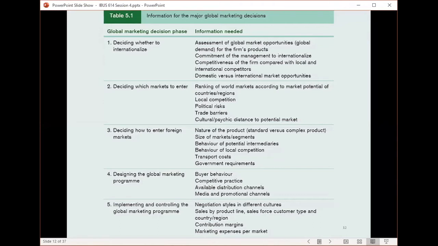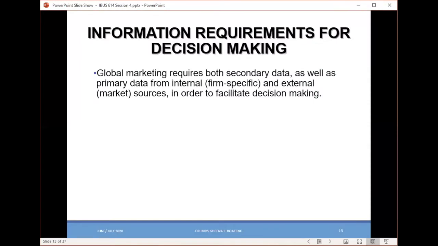It's an iterative one. You keep going back and forth with a consistent flow of information that is consistently influencing your global marketing strategy and your decision making throughout the process. So that is it for the global marketing process and how information influences each and every level of it.